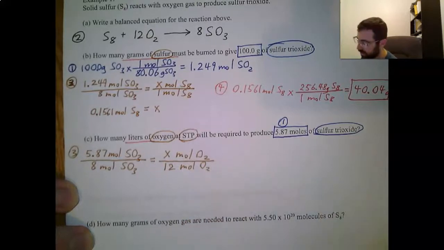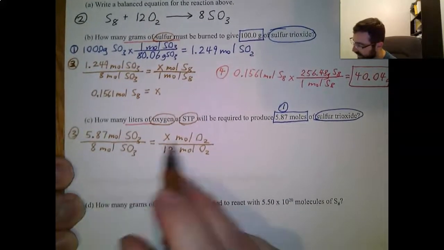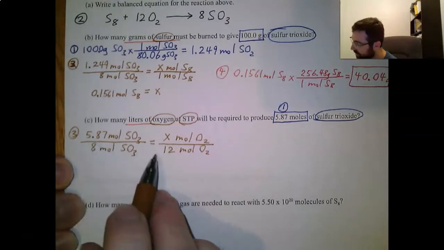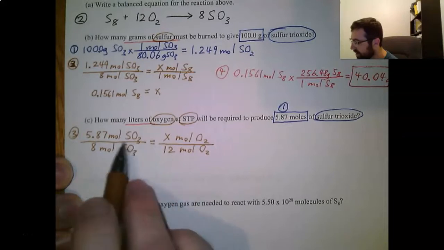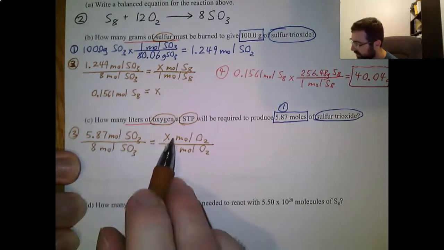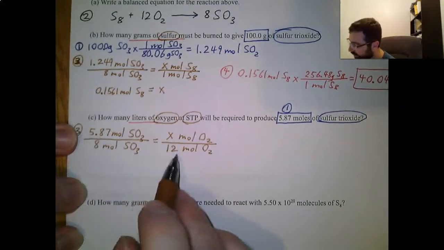All right, and then I'm going to rearrange. 8x equals 5.87 times 12, or we could just say I want to move that 12 over here and have x on the top. So it's going to be 5.87 times 12 divided by 8.